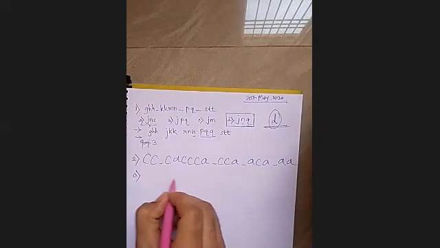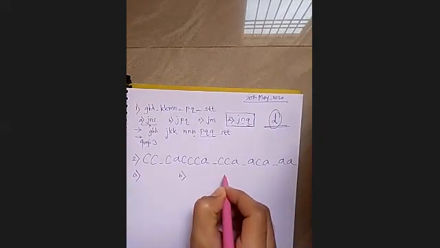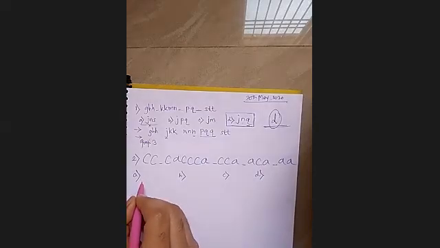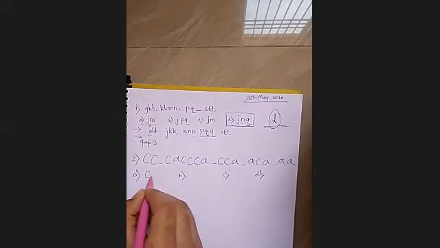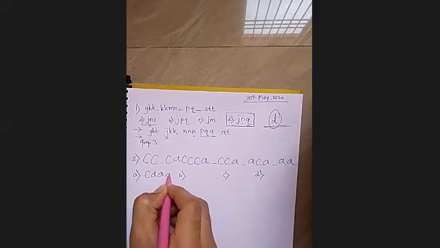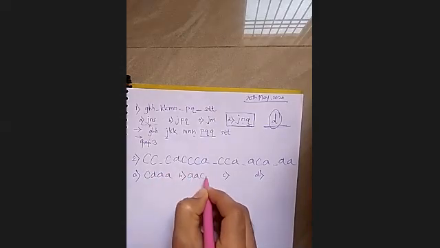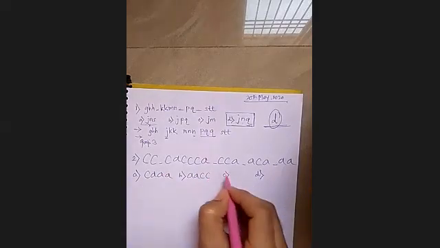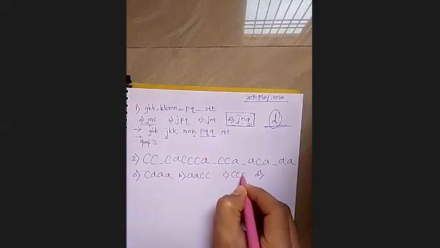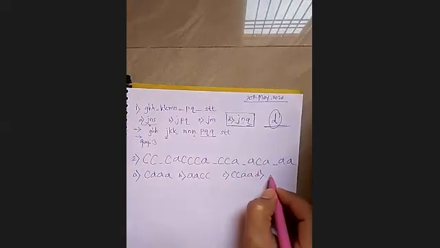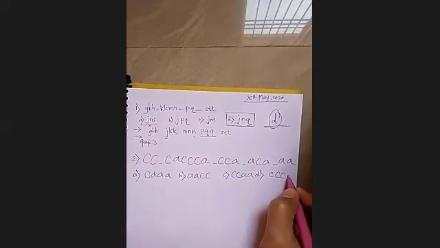Options are: here the first option is C, A, A, A; A, A, C, C; C, C, A, A; and C, C, C, C.